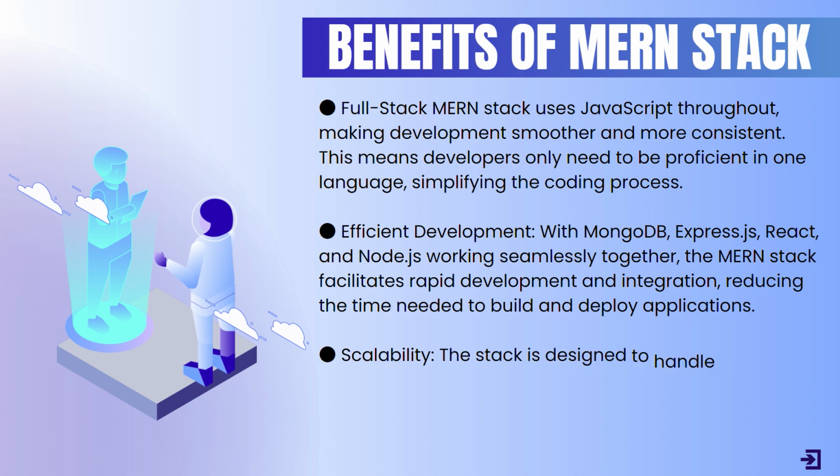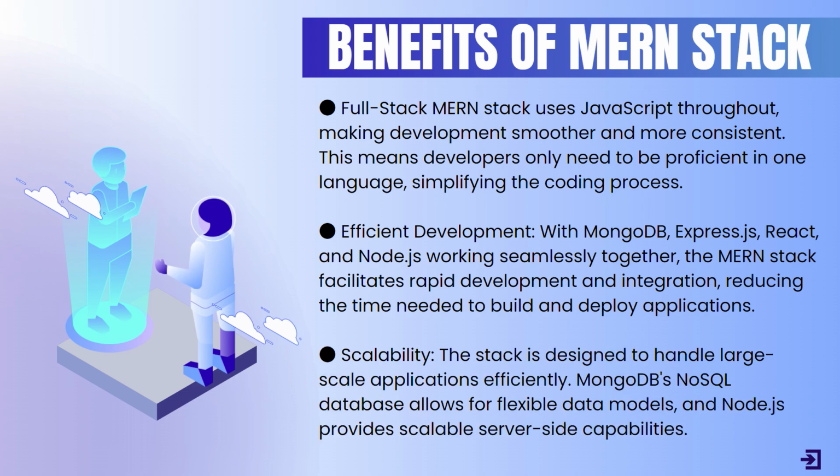Next, benefits of MERN. Full stack: MERN uses JavaScript throughout, making development smoother and more consistent. This means developers only need to be proficient in one language, simplifying the coding process.